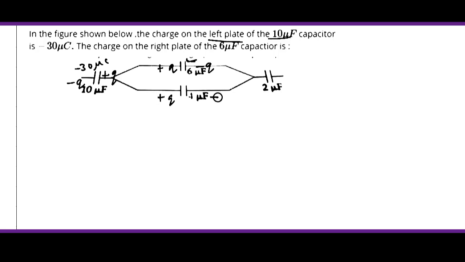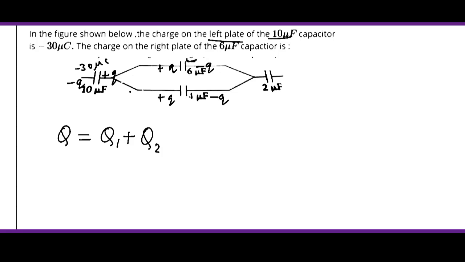We have to find the charge on the right plate of the 6 microfarad capacitor. The charge is dividing into the 6 and 4 microfarad capacitors. If the charge for this is q1, then this will be q2, so that the sum of the charge will be q.